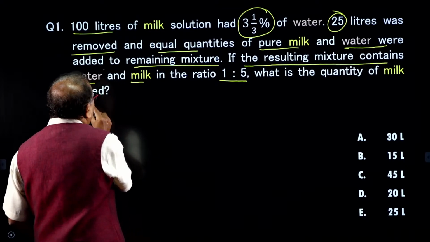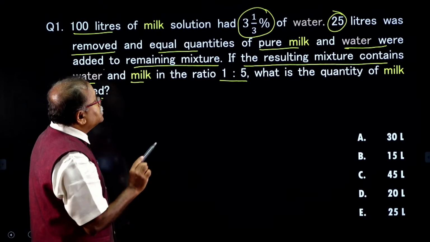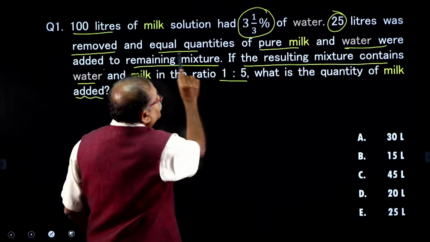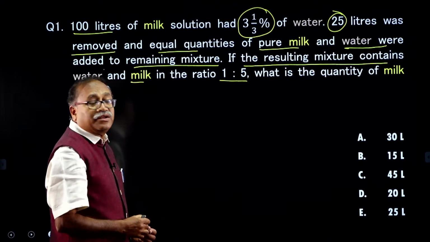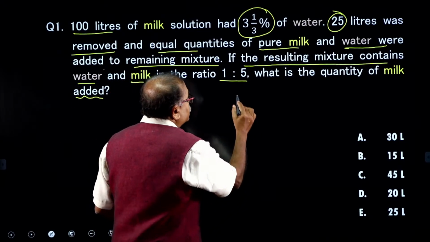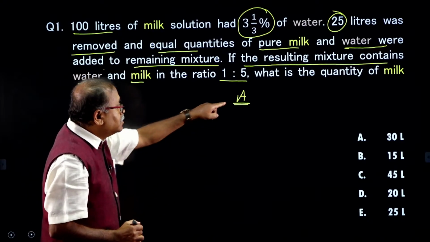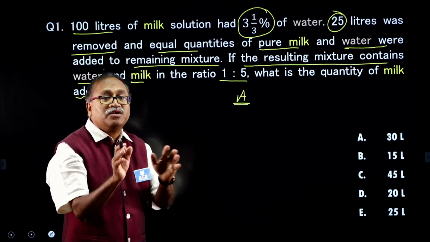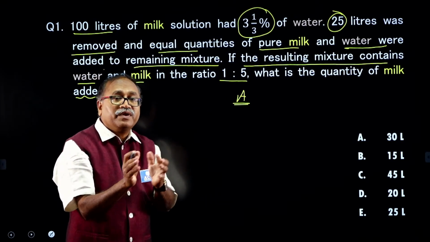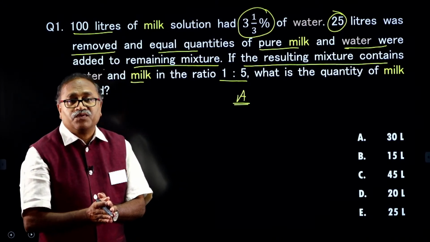Let us assume that as equal quantity of milk and water is added, that value I will consider as A. Here that is equal quantity of milk and water, half of A is milk and half of A is water.